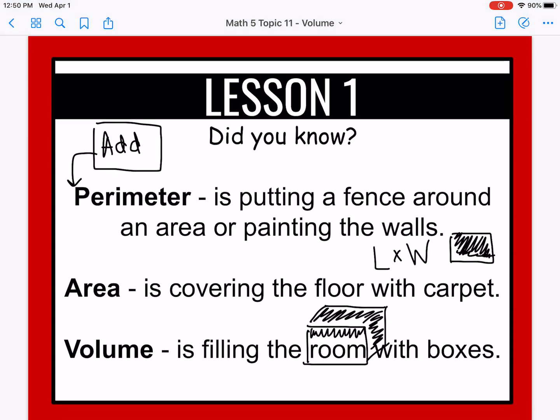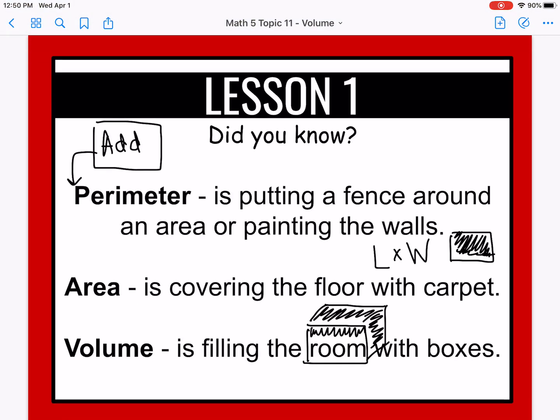So perimeter is something you've done for a while. You add up the sides. It's thinking about putting a fence up or painting the walls of your room. Area is when you cover the whole floor, with tiles or carpet or whatever you might use. And volume is filling your whole room with boxes.